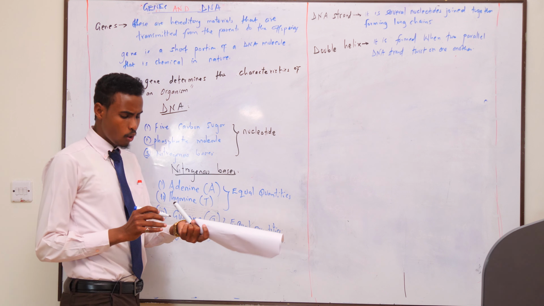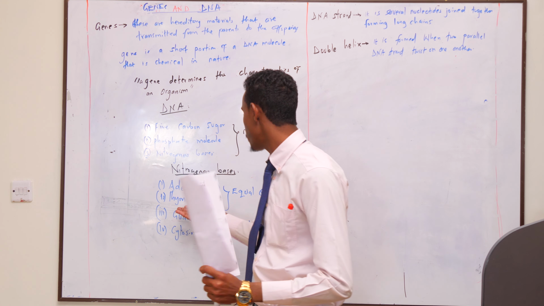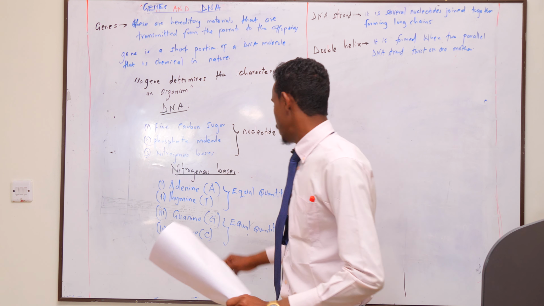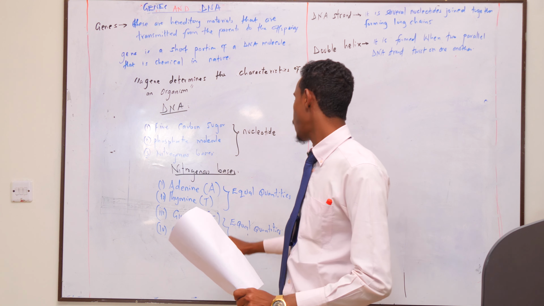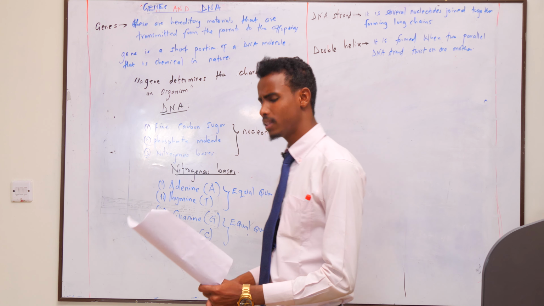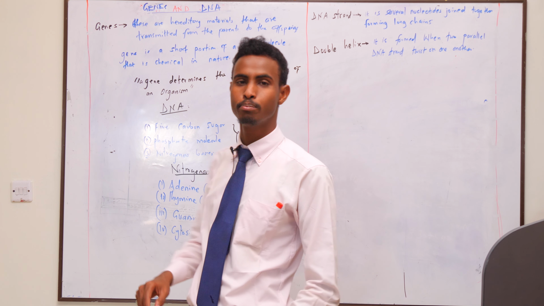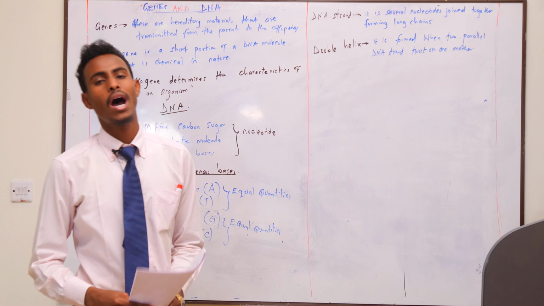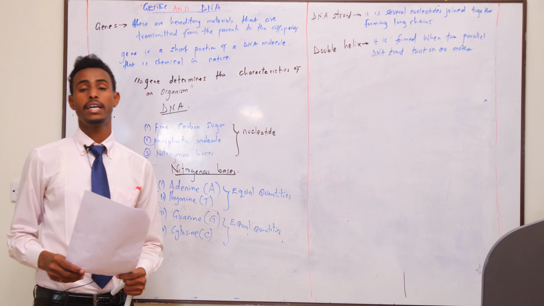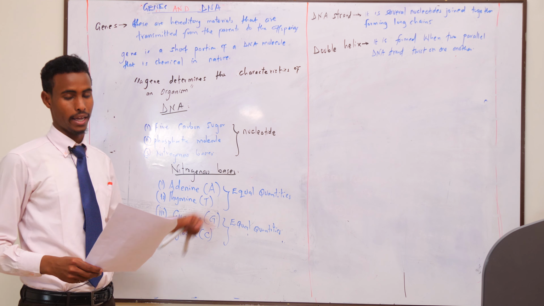Very good. Now that the adenine and thymine are of equal quantities, they are going to pair. The cytosine and the guanine are also in equal quantities, so they will also pair.